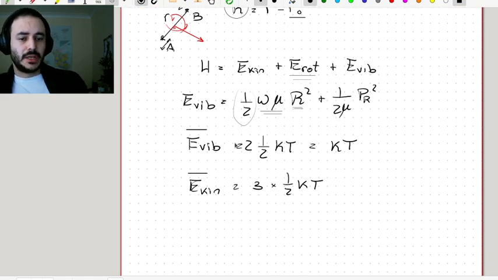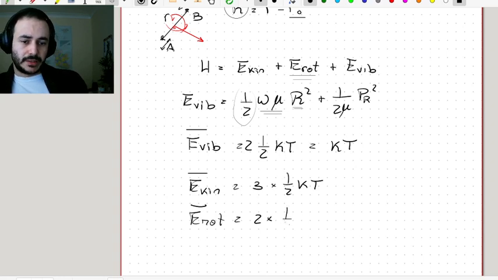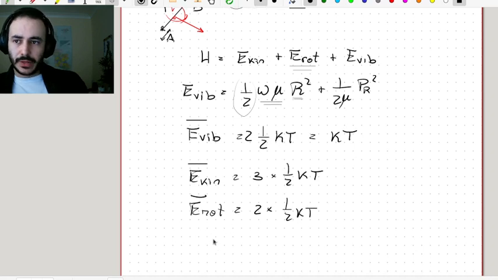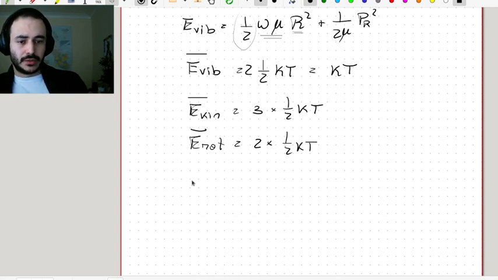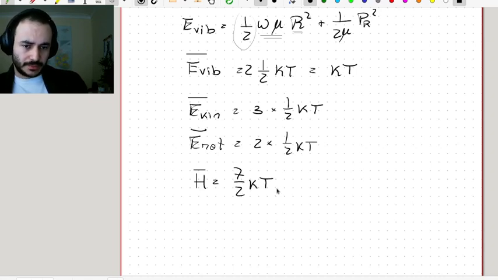When you go to the rotational part, there are two effective degrees of freedom, that is two terms of this form, and this gives you twice that. And now we have another twice contribution. So what you get in the end is that the average energy per molecule is equal to 7/2 of kT. Okay, so that's it.